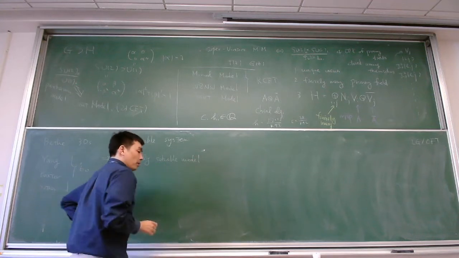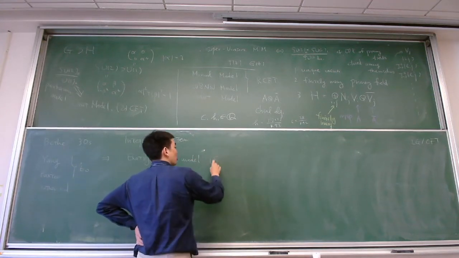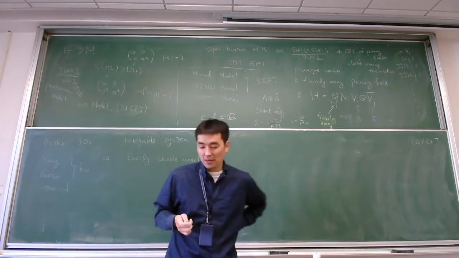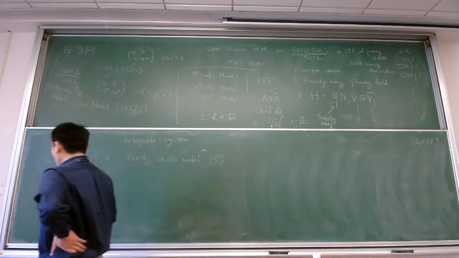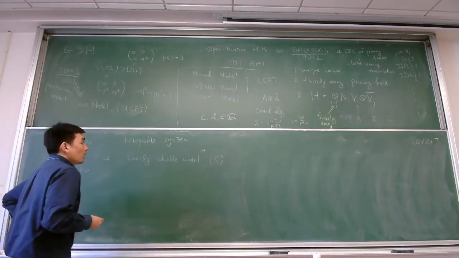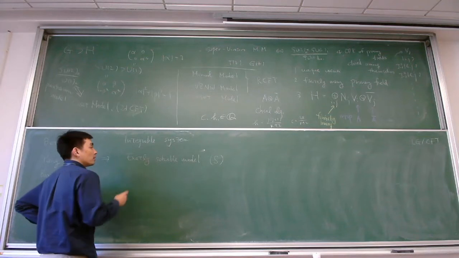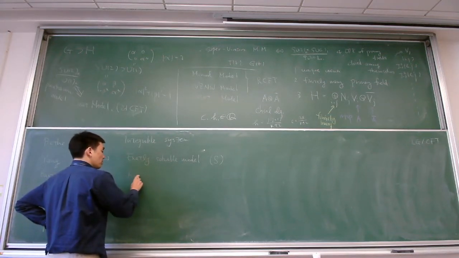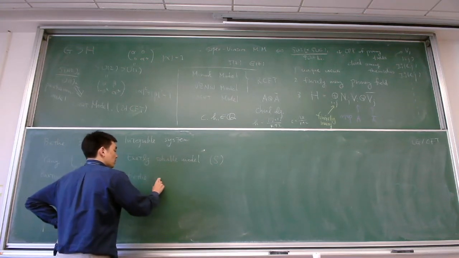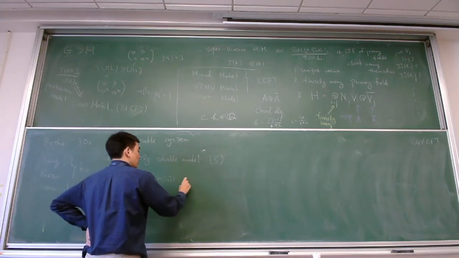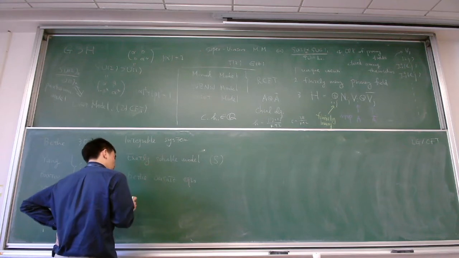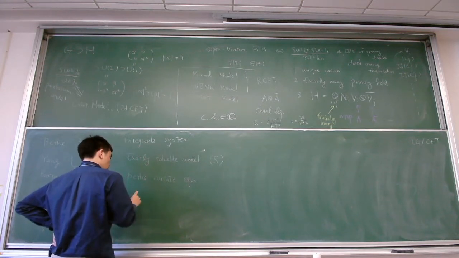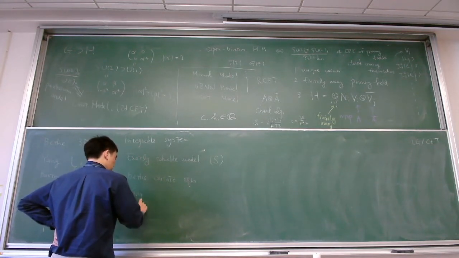In an exactly solvable model, the scattering matrix, sometimes called the S-matrix, can be derived exactly. And then I'm going to explain the so-called Bethe ansatz equation, and also the so-called Yang-Baxter equation.